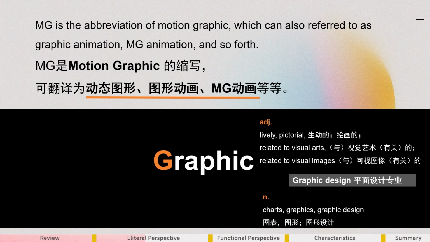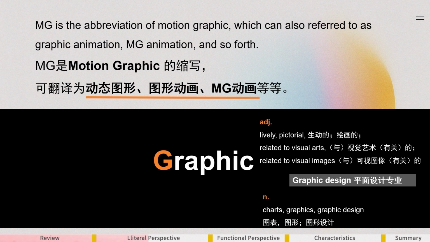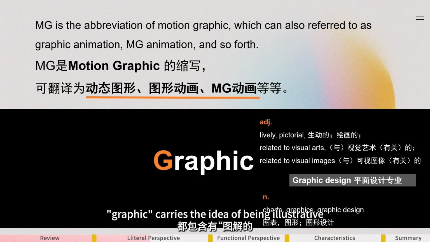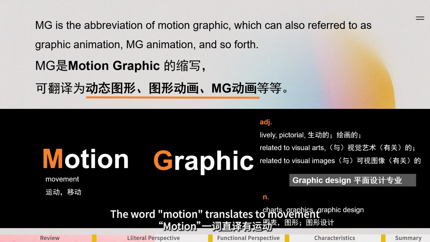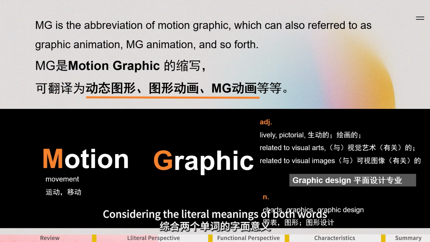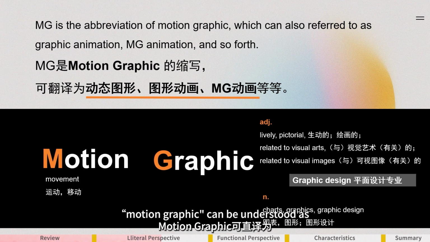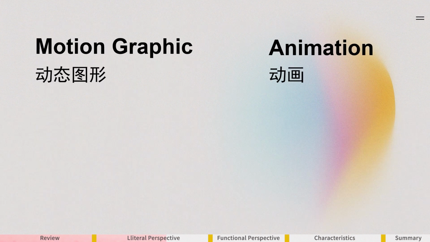In essence, whether as an adjective or a noun, graphic carries the idea of being illustrative, descriptive, and represented by images. The word motion translates to movement or indicative. Considering the literal meaning of both words, motion graphic can be understood as dynamic graphic or graphics in motion.